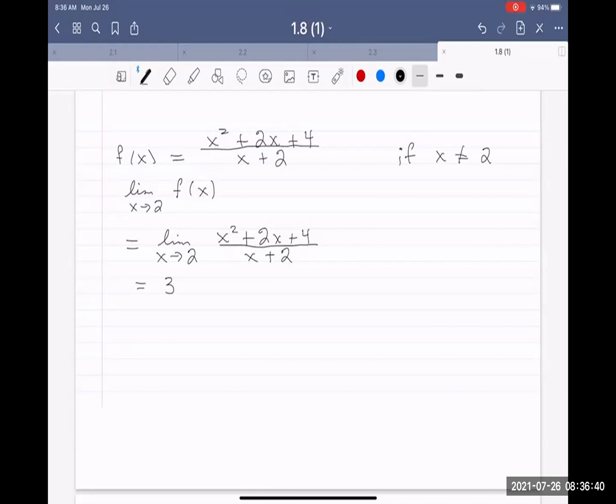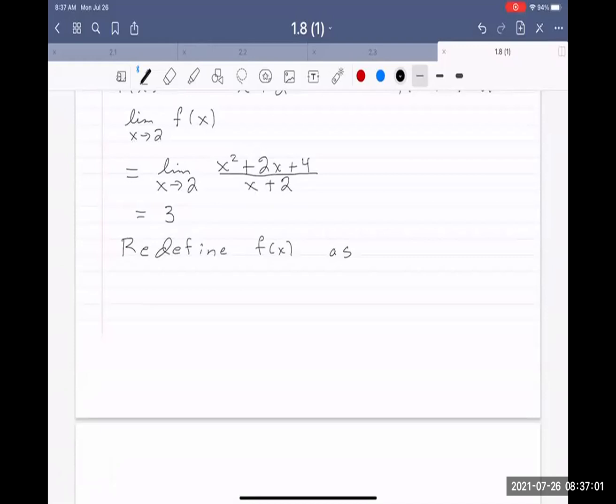So I can redefine f as follows. Maybe I'll call it my new f, so I'll call it capital F. Redefine f of x as x squared plus 2x plus 4 over x plus 2.